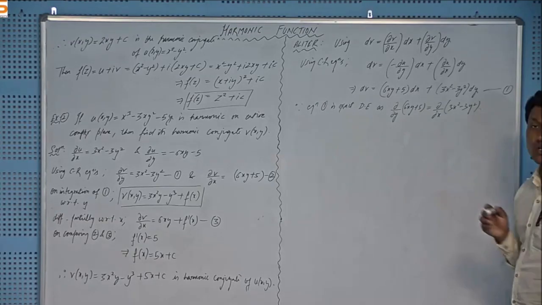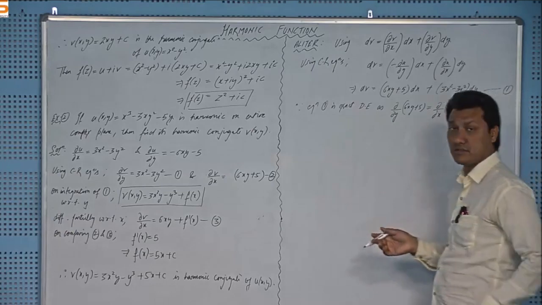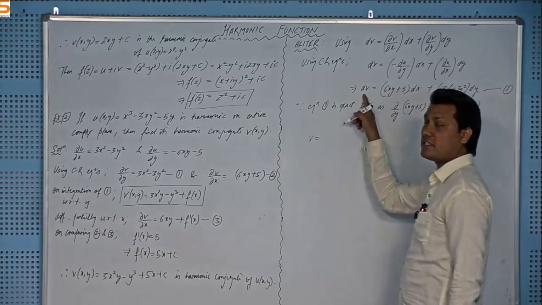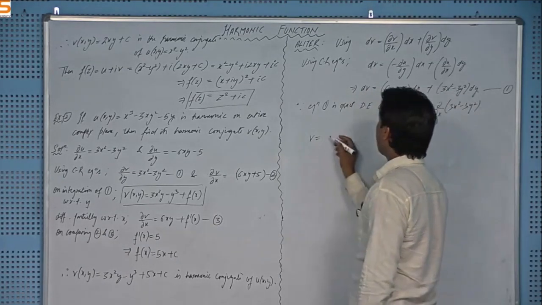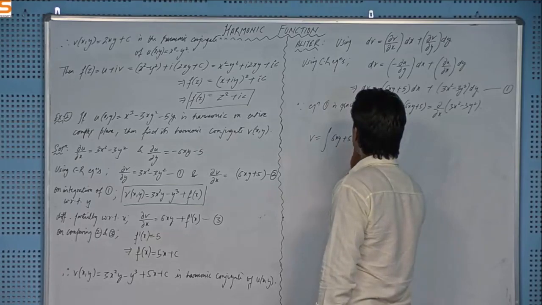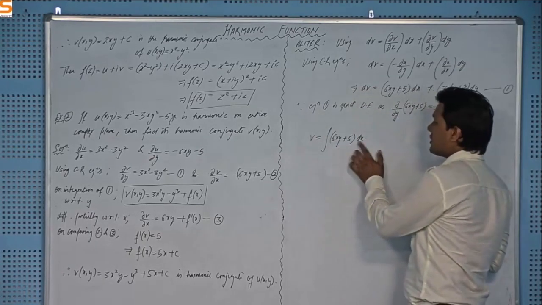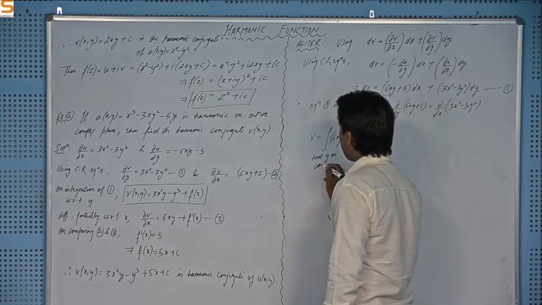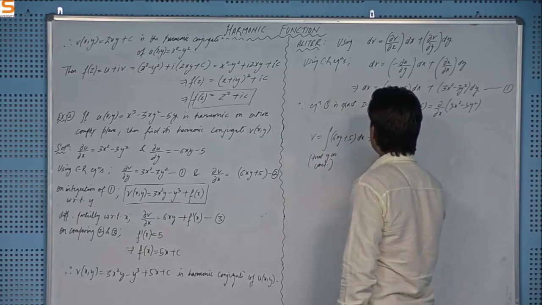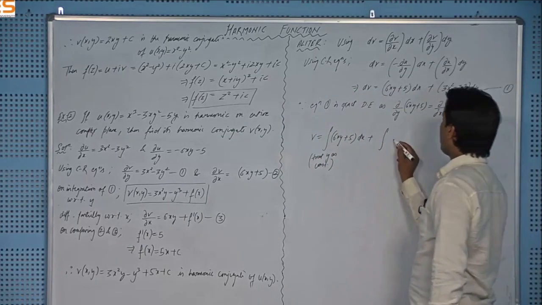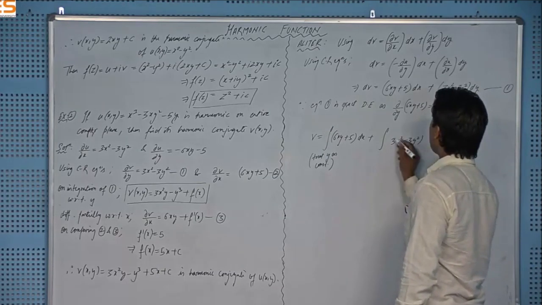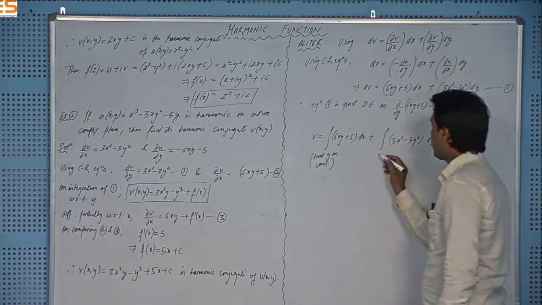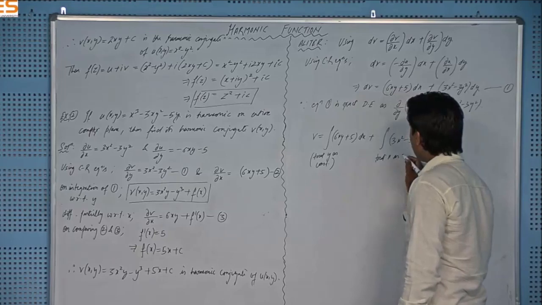Then the solution of this exact differential equation is given by this method: v is equal to integration of 6xy plus 5 dx, and while integrating this with respect to x, we treat y as constant, right? Plus integration of 3x square minus 3y square dy, and when we integrate with respect to y, we treat x as constant, obviously.